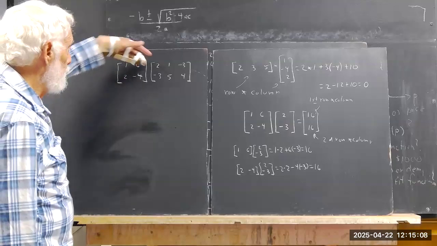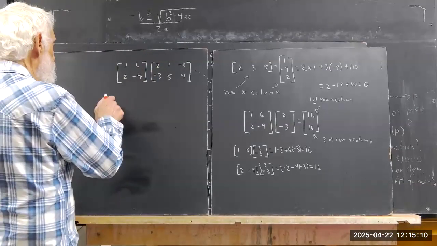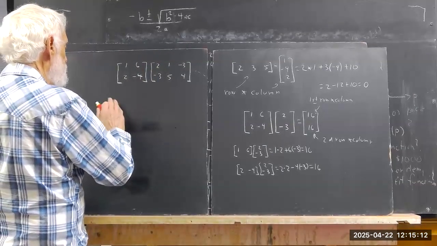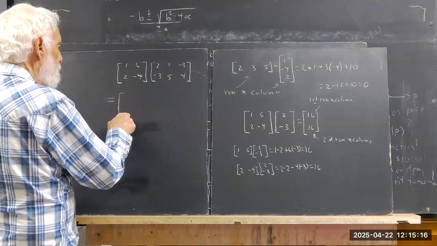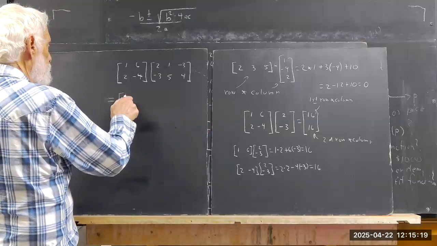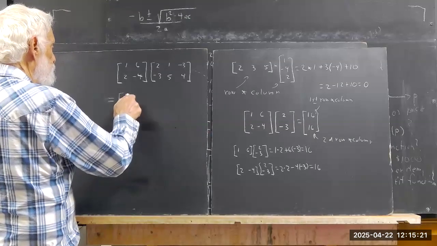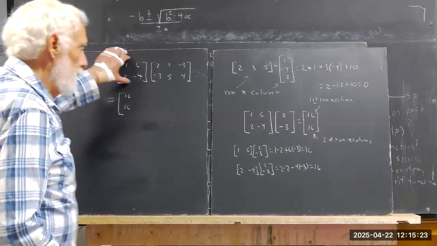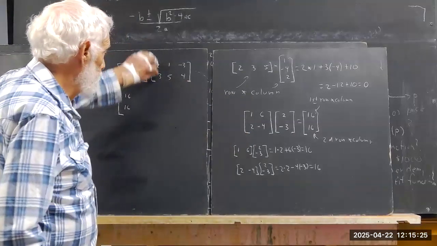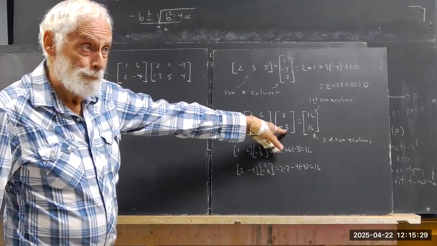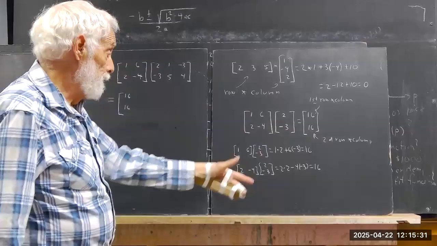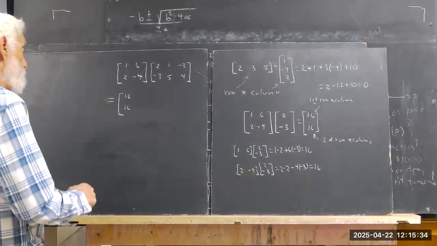I can do the first row times the first column. Just like I did over here, I'm going to get 16 and 16 because this first column is the same as this, right? So we can see I got 16 and 16.